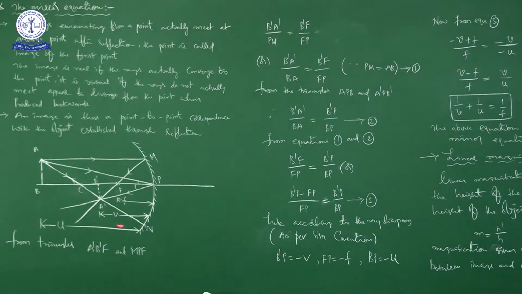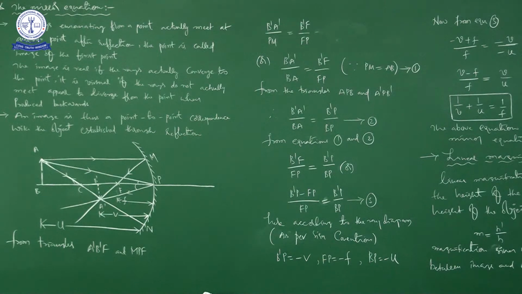From the geometrical properties of triangles, you can write B dash A dash by PM is equal to B dash F by FP, right? I will explain how I am writing this. See this, B dash A dash divided by PM is equal to B dash F divided by FP, right?